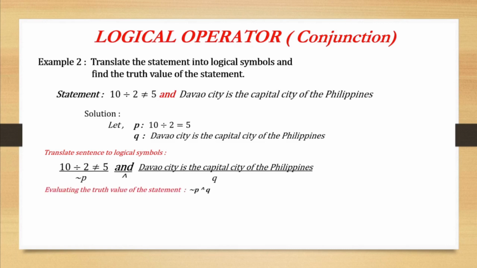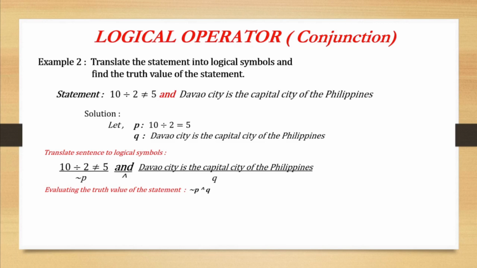And let us evaluate the truth value of the statement. What we are going to do is identify the truth value of proposition P and proposition Q first. When we look at the statement 10 divided by 2 is equal to 5, which is proposition P, it is true.